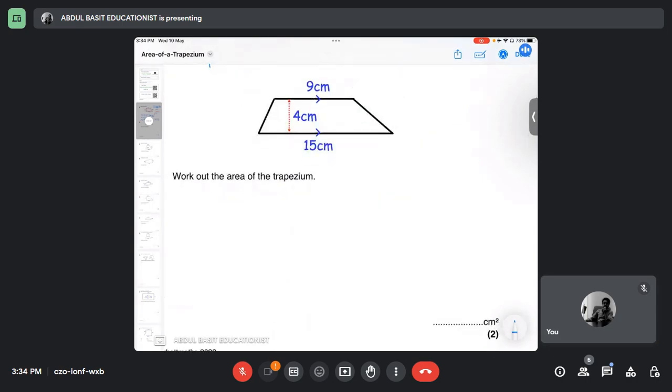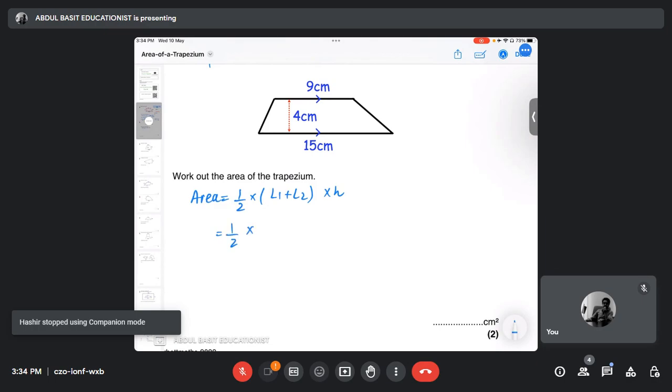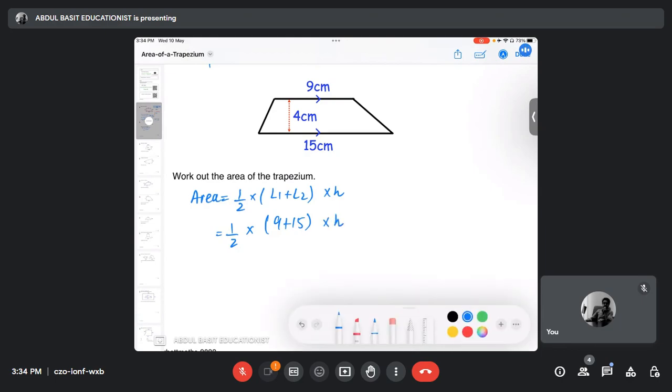Okay, look at another question. Work out the area. The formula of the area is equal to half multiplied by L1 plus L2 times height. L1 plus L2 means 9 plus 15, times height, which is 4.